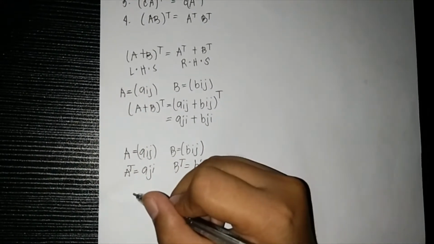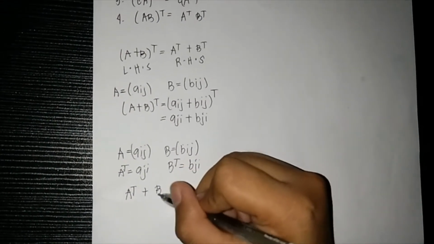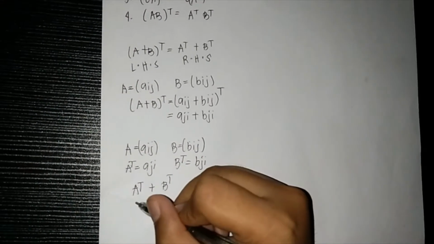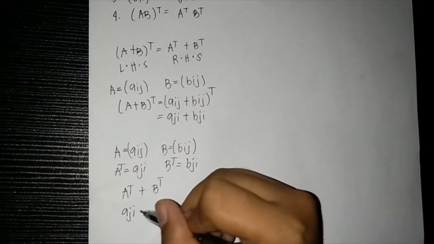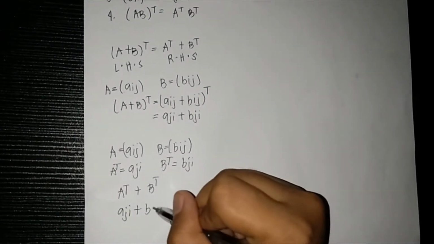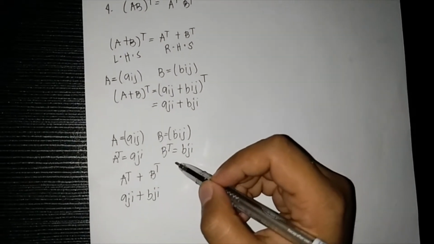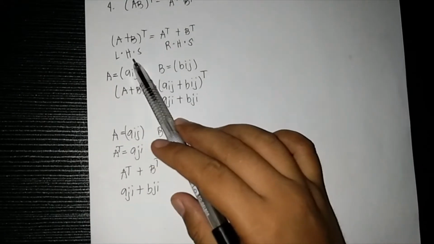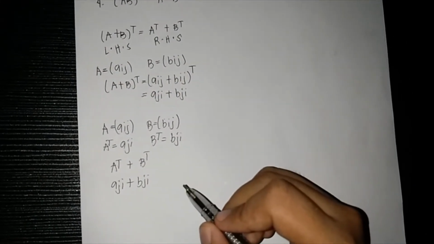So therefore A transpose plus B transpose is equal to Aji plus Bji. So therefore we conclude that the left hand side and right hand side are equal.